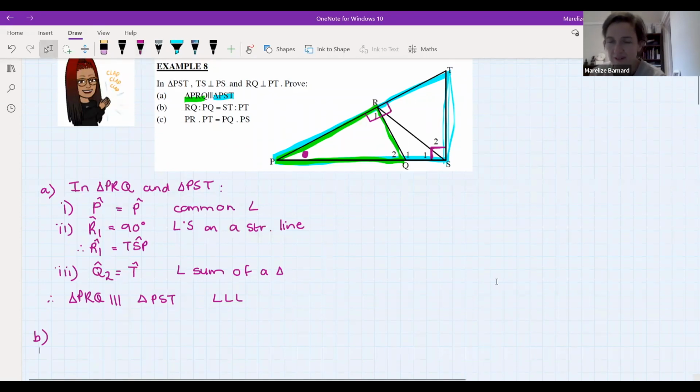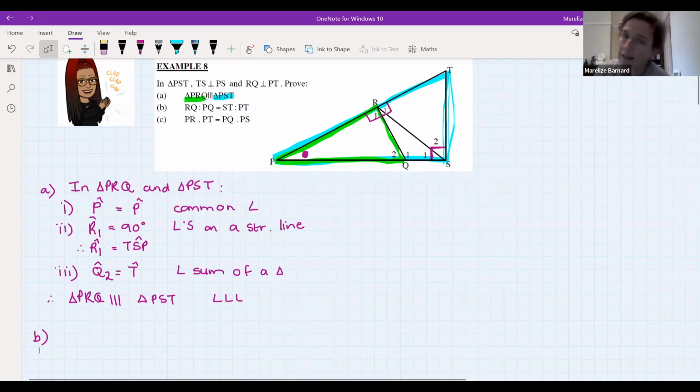Yes, is R1 not 90? It was given as perpendicular. Can we say that? They did give us, I think to play it safe, let's just say they gave us TRQ because that one was indicated as 90.